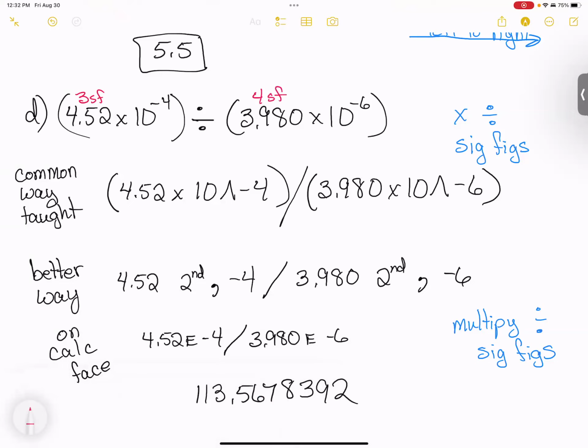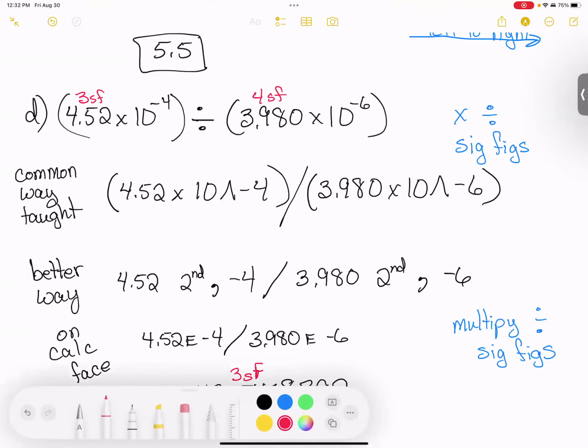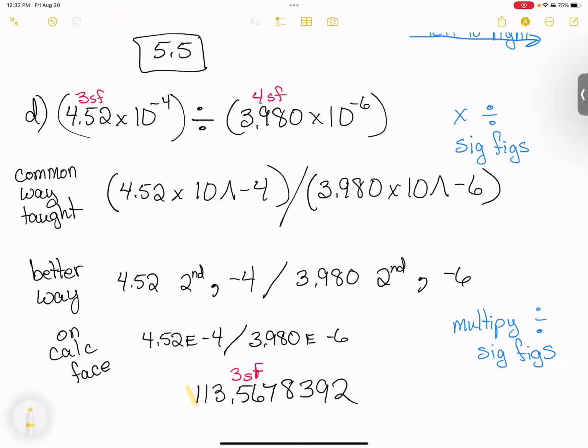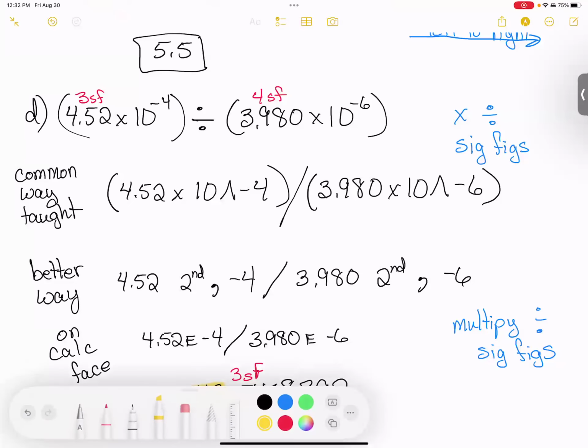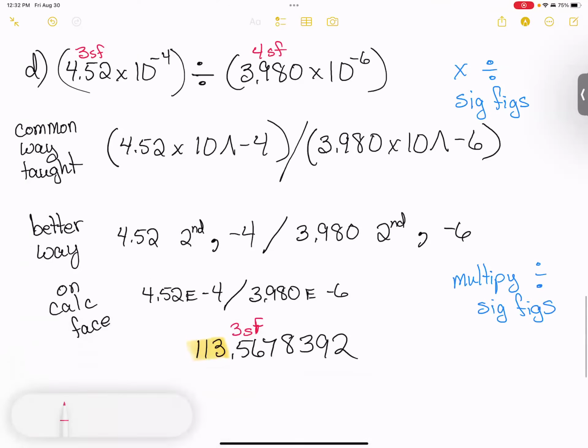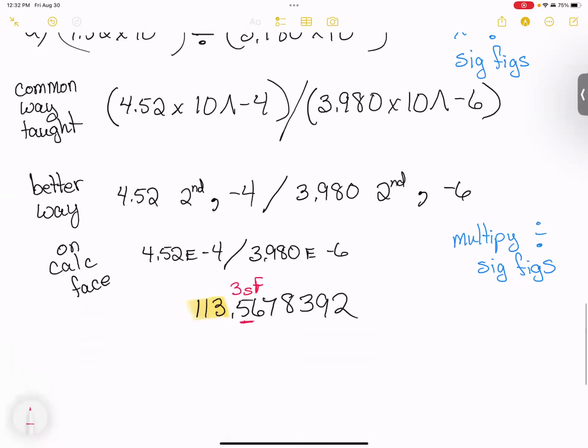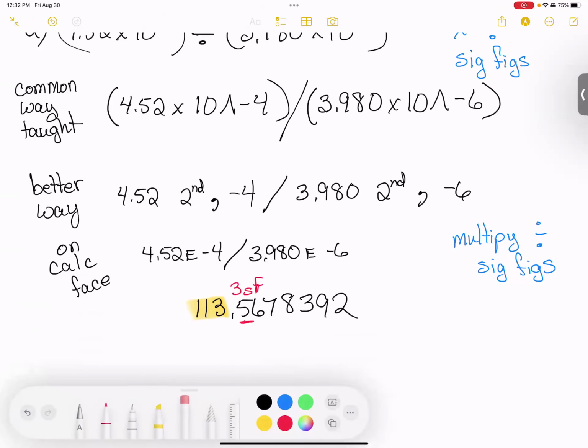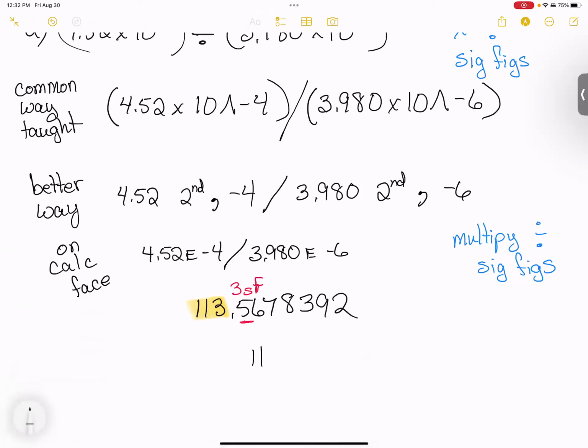So your answer can only have 3 sig figs. We're keeping the 113, and the number we are dropping is a 5, so we would round up, and therefore the answer would be 114.